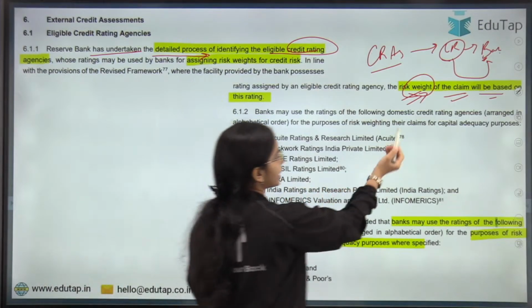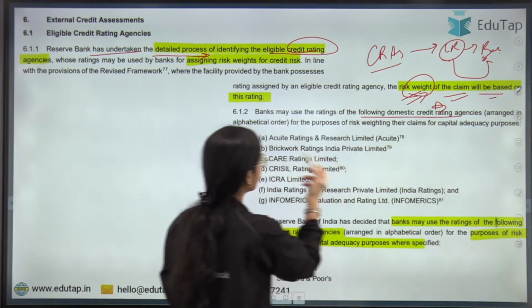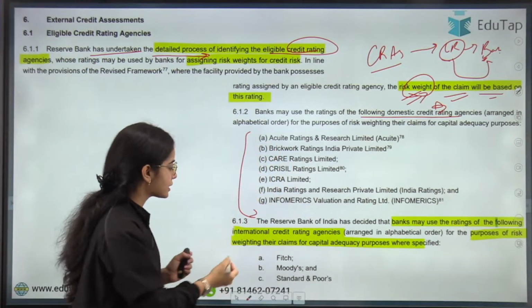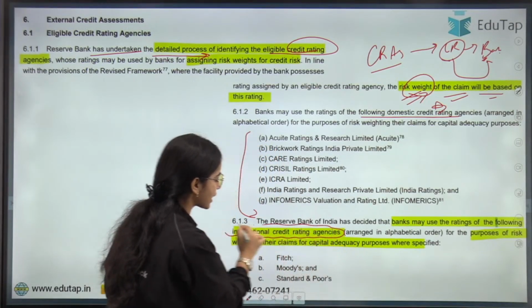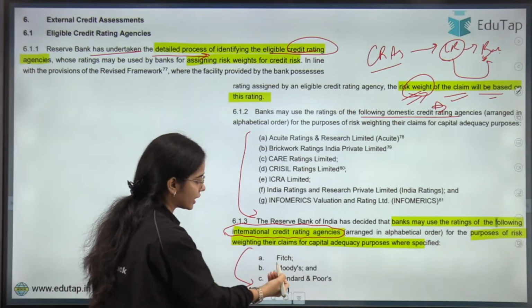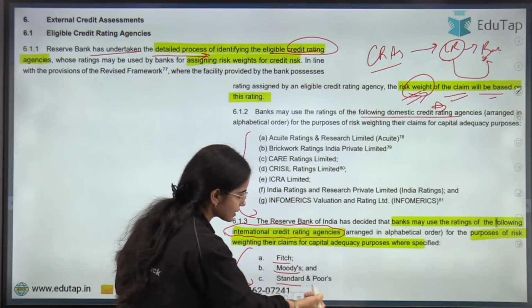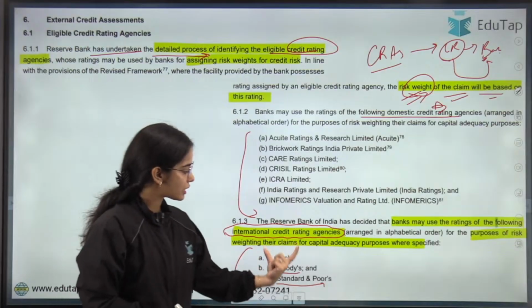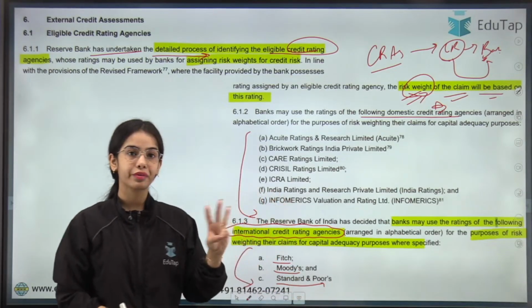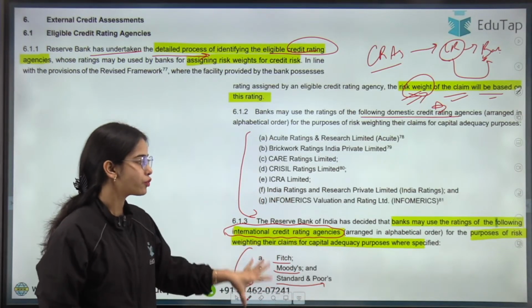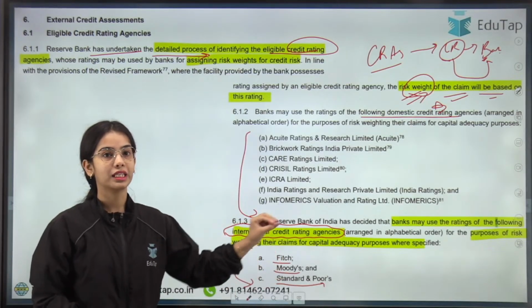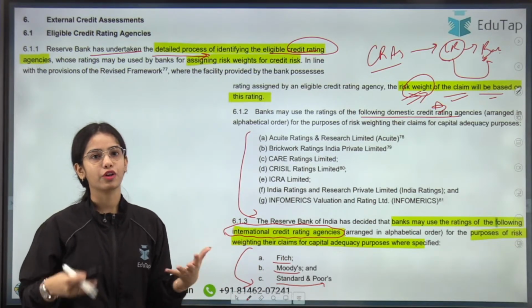So the domestic credit rating agencies approved by the Reserve Bank of India are these. And there are certain international credit rating agencies approved by the Reserve Bank of India, that is Fitch, Moody's, and Standard and Poor's. These are the three international credit rating agencies that were till now approved by the Reserve Bank of India to provide the rating to the banks for different kinds of claims.